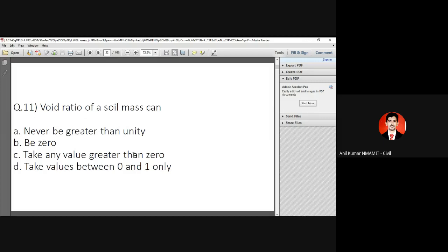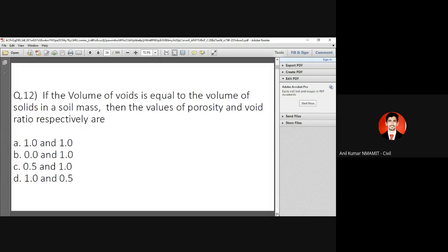Clear? Okay. Now let us go with the next problem. If the volume of voids is equal to the volume of solids, that is the e value, then the values of porosity and void ratio are: 1 and 1, 0 and 1, 0.5 and 1, 1 and 0.5.